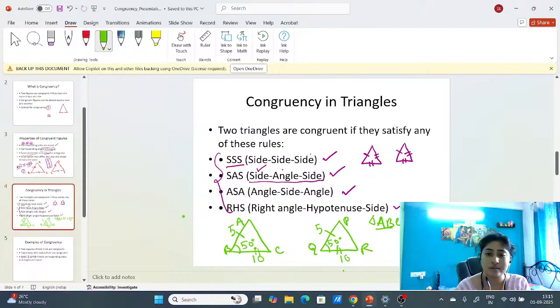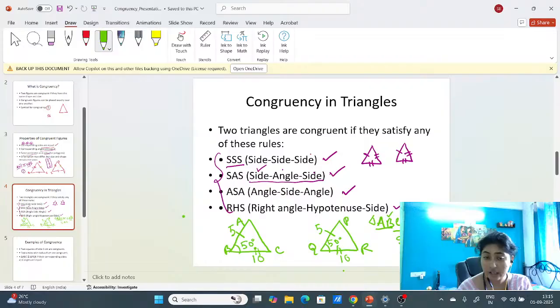Here I have BC and here I have QR. In the last position R is there, here C is there, so BC is equal to QR, correct? And B is in the middle, here Q is in the middle. So yes, it is SAS, side angle side. That's how we should check side angle side criteria to prove congruency.